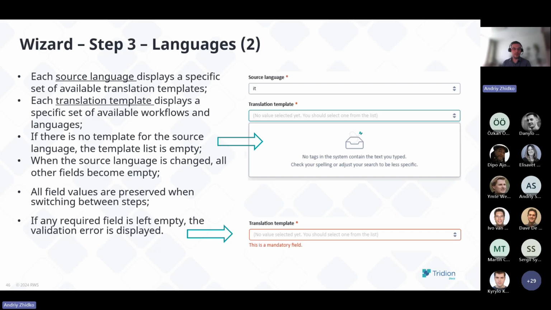So regarding the languages, when you're selecting a source language, then you will see a specific set of available translation templates. You might have a situation when you specify a source language and there is no available translation template, then the list will be empty.